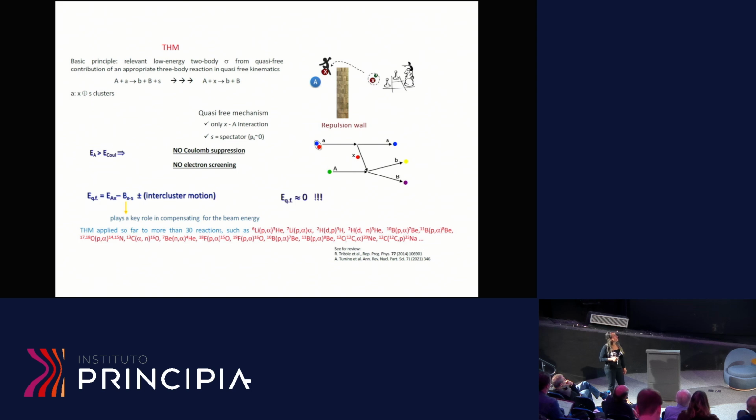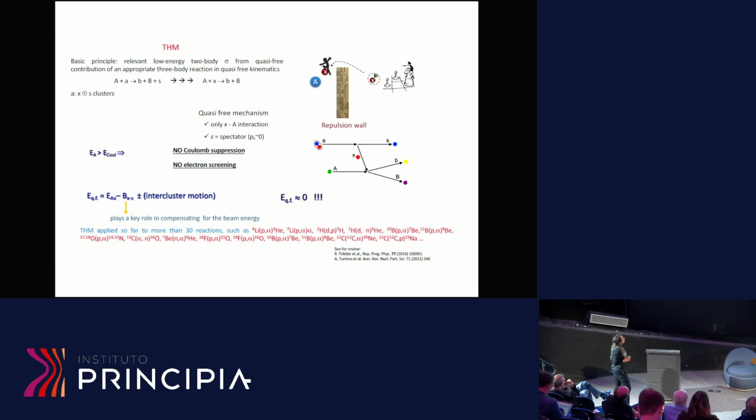So something which is very old. It was very powerful and successful because Troy was destroyed thanks to this nice idea. And I must say that we did also a lot of nice work using it. Essentially, from the experimental point of view, you have to select a region in the phase space where this quasi-free kinematics is really governing the reaction.